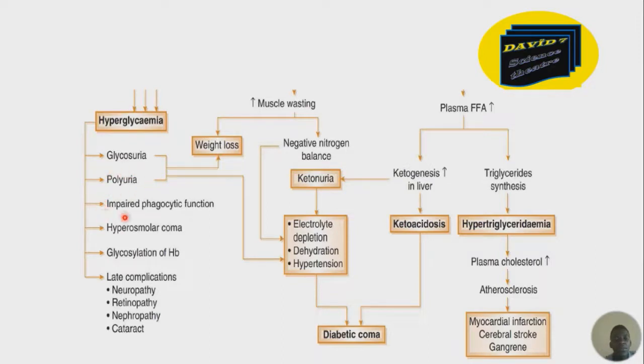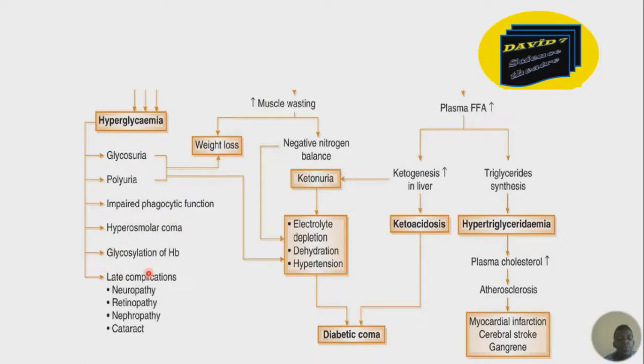You have impaired phagocytic functions, meaning diapedesis will be impaired, and the activity of lymphocytes and polymorphonuclear cells will be affected. So we have hyperosmolar coma. When you have hyperosmolarity, you recall water will get out of cells into blood, causing hyperosmolar coma.